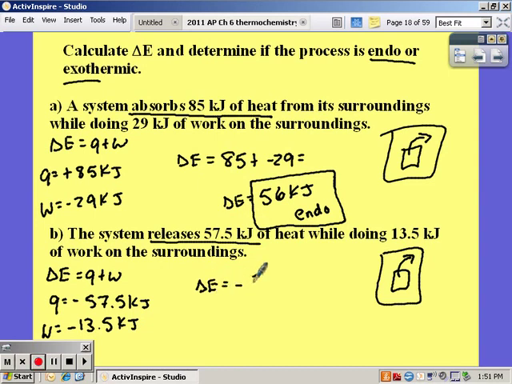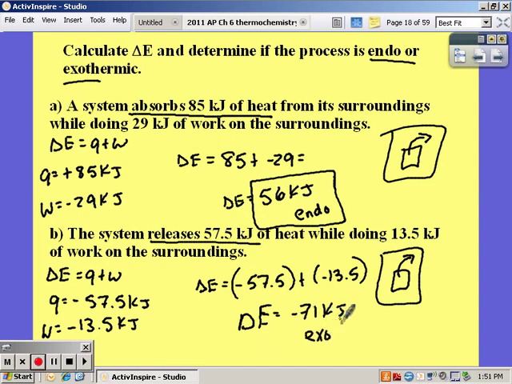Add those up, and you get negative 71 kilojoules. And it's overall negative, so that means delta E is exothermic.